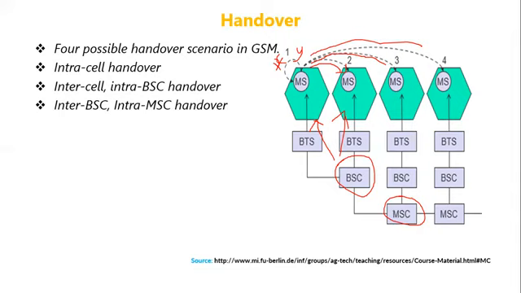For that purpose, MS and BTS periodically measure the quality of the downlink and uplink. These measurement reports are sent by MS about every half second, and this report contains the quality of the current link used for transmission as well as the quality of certain channels in the neighboring cells.